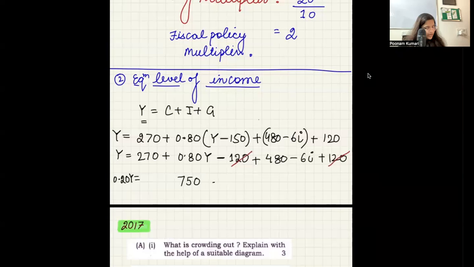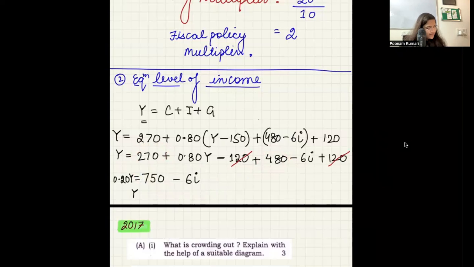And then you have minus 6i, right? So we've calculated these two, and then we've solved for this also. So this is one equation that we get. So we have one equation now, okay.